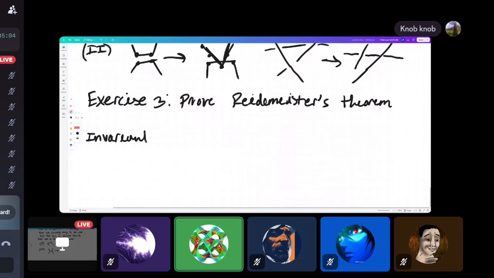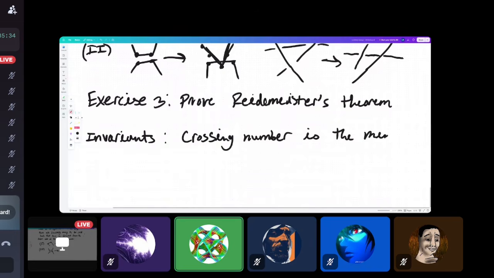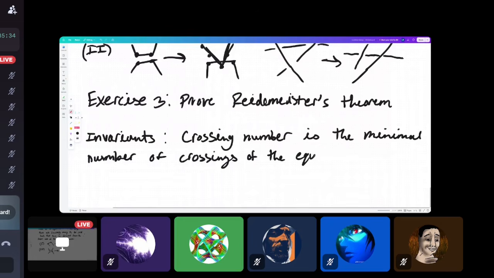Invariants. So here are a few invariants. The crossing number is the minimal number of crossings of the equivalence class of A naught.